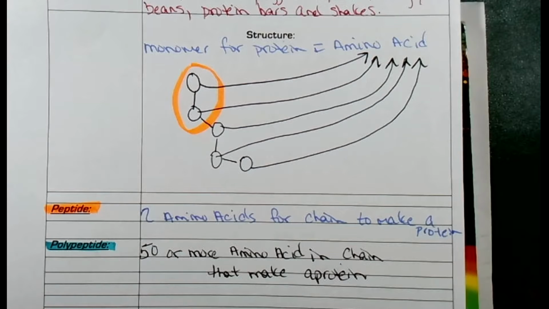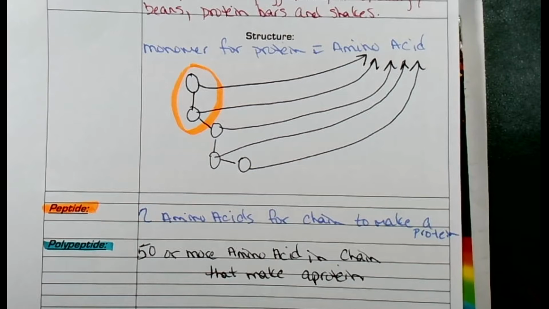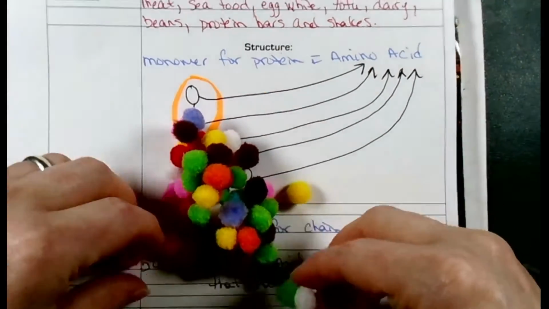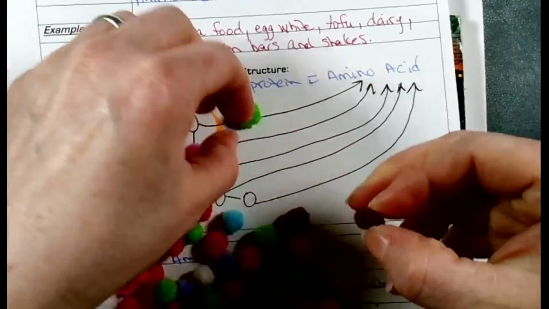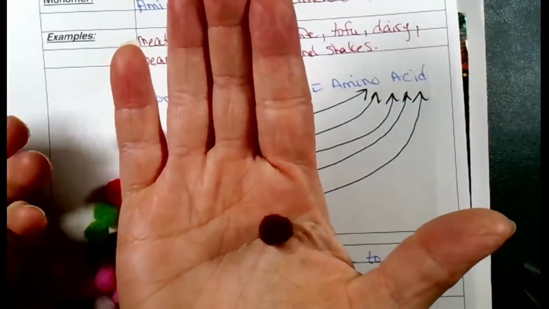So let me get my little thingies again real quick. I got me some more little fuzzy balls. So if we take my little fuzzy pom-poms here and we bond them, say I have 1 amino acid, 1 amino acid here in my hand.